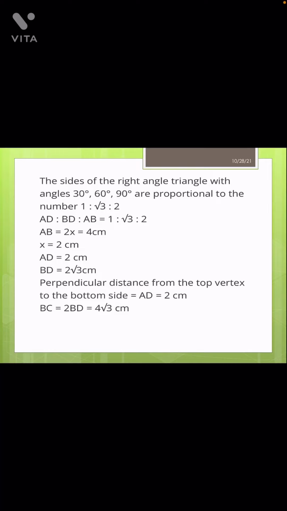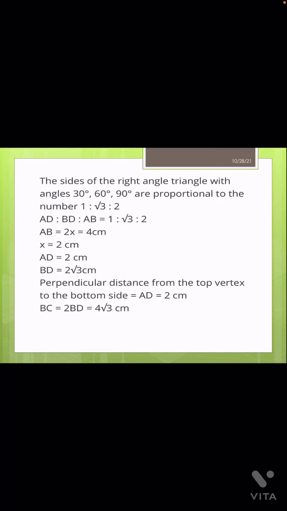So what will be the area? From the top vertex to the bottom side is equal to AD, which will be 2 centimeter. BC is equal to 2 into BD, that is 4 root 3 centimeters.